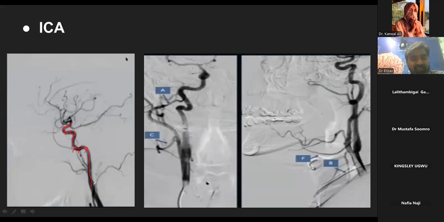So in an ICA injection, can the vertebral part of the internal carotid artery give any branch? If it is the cervical part, can the ICA give any branch from it? No, sir. The answer is no. Good. Then which kind of branch is this one?